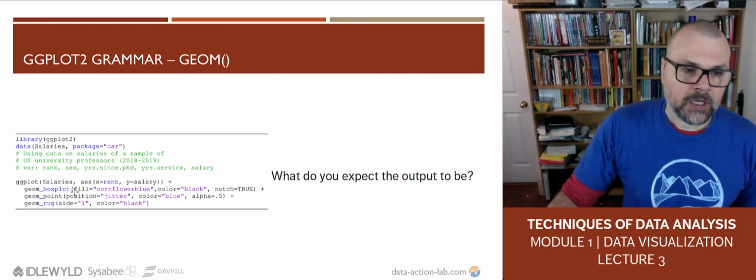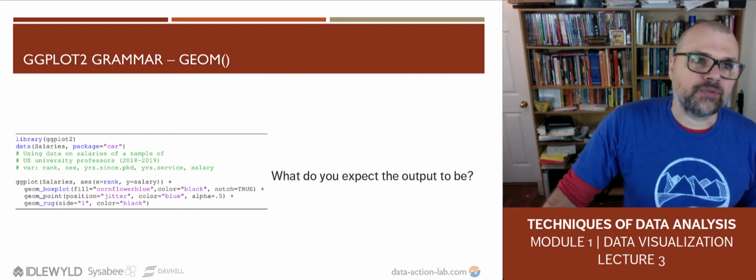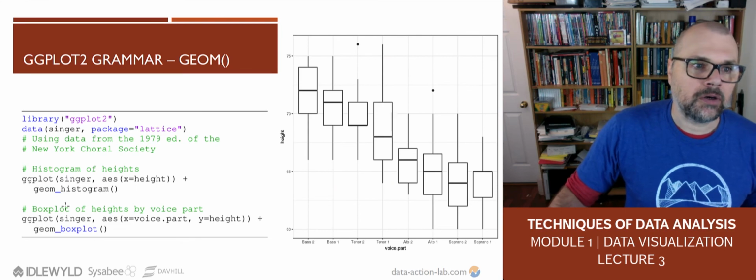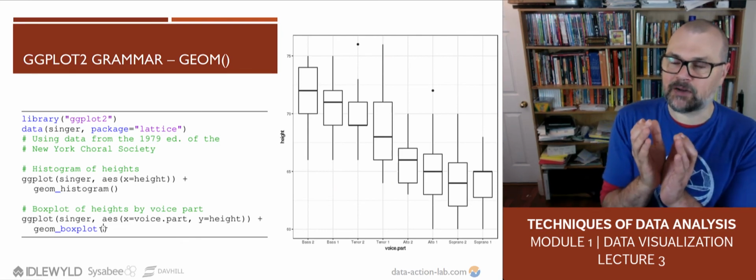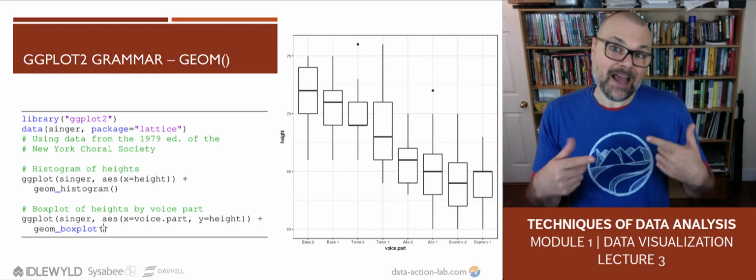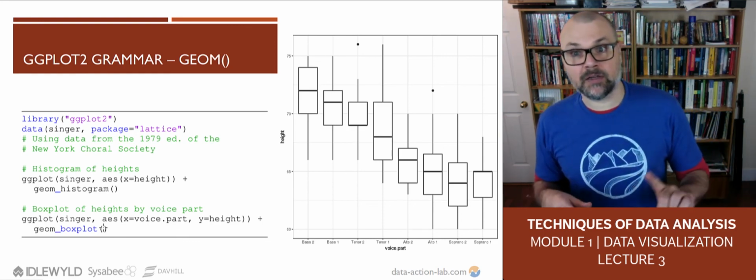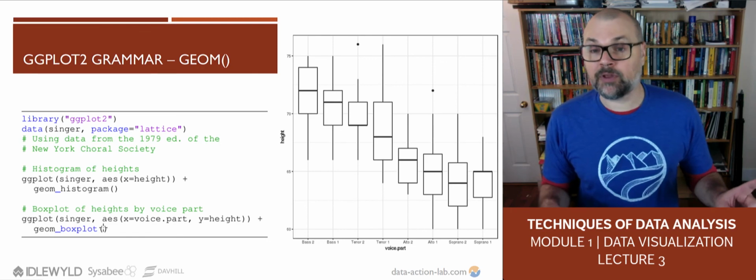Now you might have noticed in the previous slide that when we call the box plot, there's no option here. We box plot and then an empty set of brackets. You can have options within a geometry.